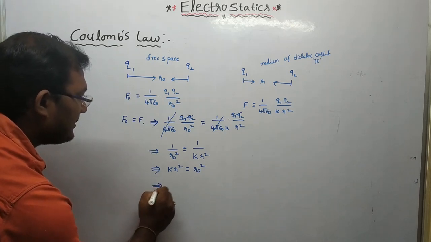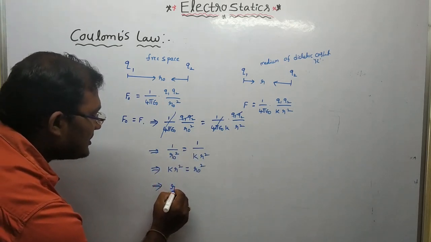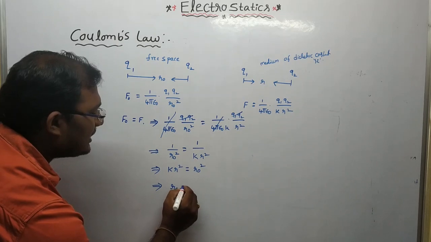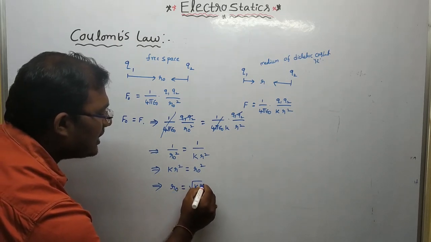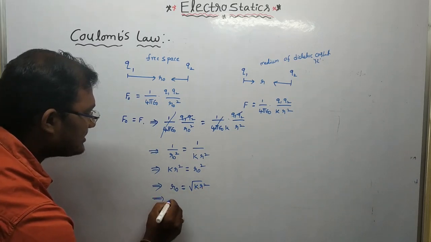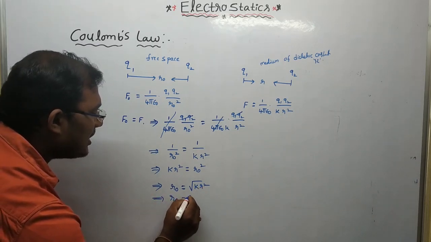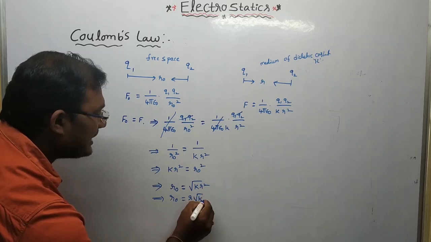Therefore, R0 equal to root of K R square, that implies R0 equal to R into root K.